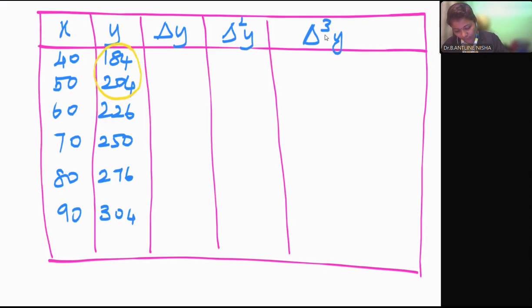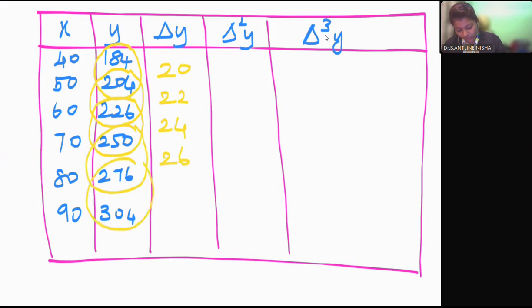204 minus 184 is 20. Next, 226 minus 204 is 22. 250 minus 226 is 24. 276 minus 250 is 26. 304 minus 276 is 28.